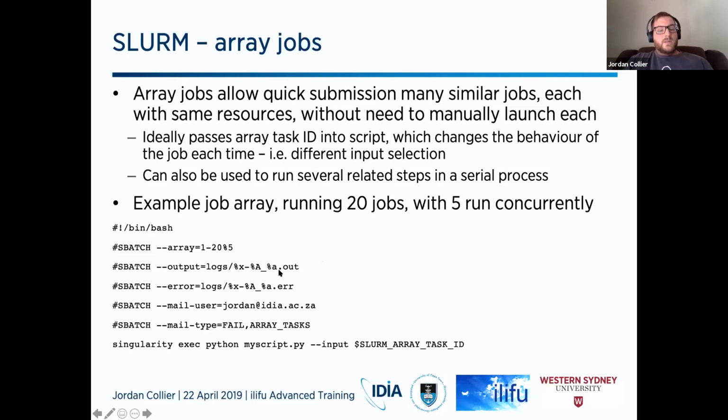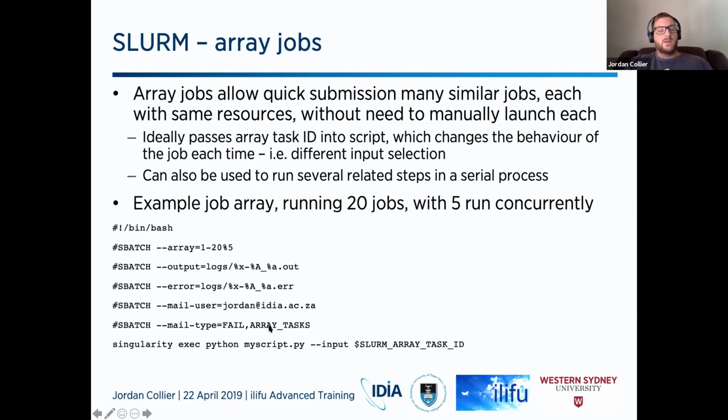And then I'm using this special substitution here that I'll show in the next slide in order to differently name my output logs so that I can see how each of the different jobs in the job array are being run. And then I'm emailing myself, and in this case, I use fail and array tasks. So this notifies me for each task in the array if it fails.